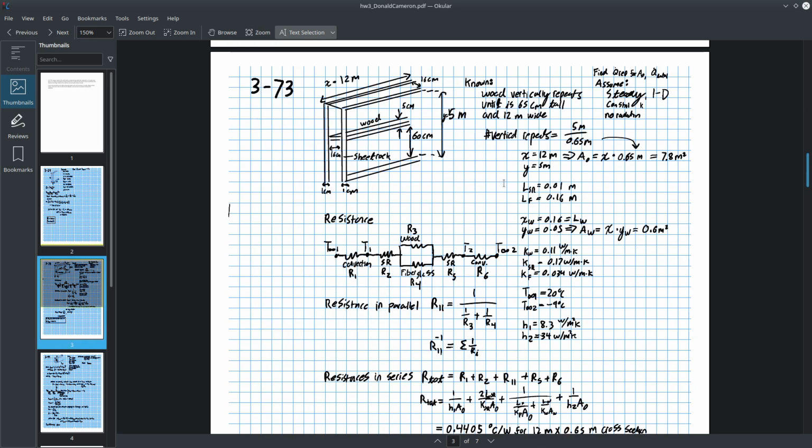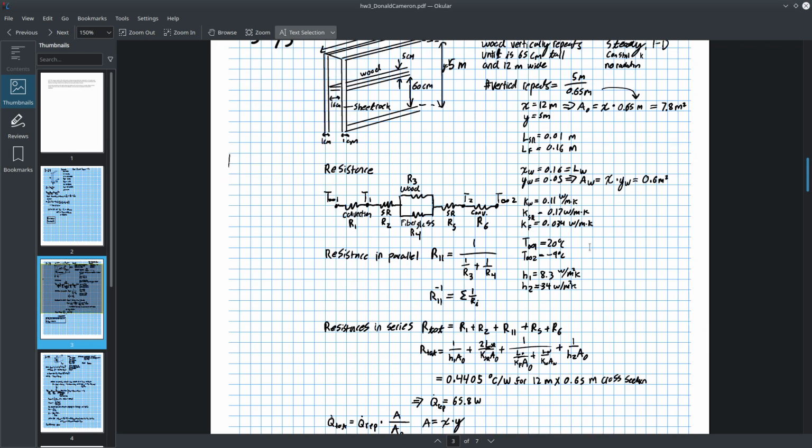Here we're finding a Q representative for this complex situation that in terms of resistances involves an inner temperature over a resistance of convection to an inner surface to sheetrock resistance, and then we have two parallel resistances of wood studs and fiberglass, another level of sheetrock, an outer temperature convection, and then an ambient temperature.